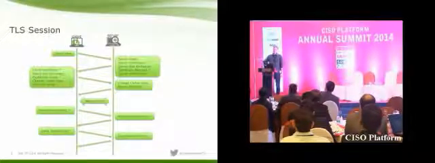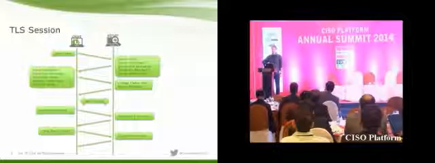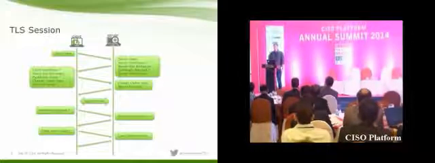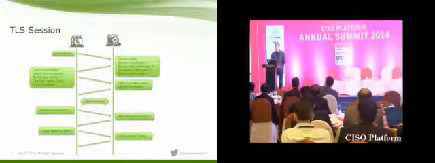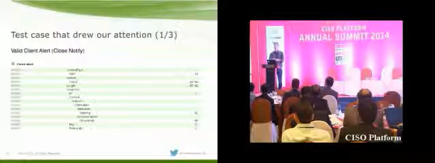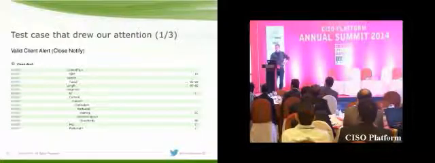And when the session is closed, a close notify alert is sent by the server or client, and the other peer should respond with a close alert too. So what was the test case that drew our attention? We were analyzing the client alert message, the last message of the sequence.